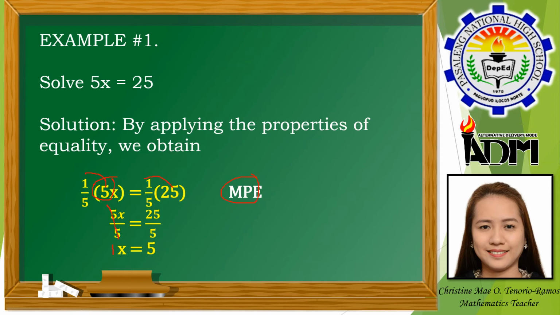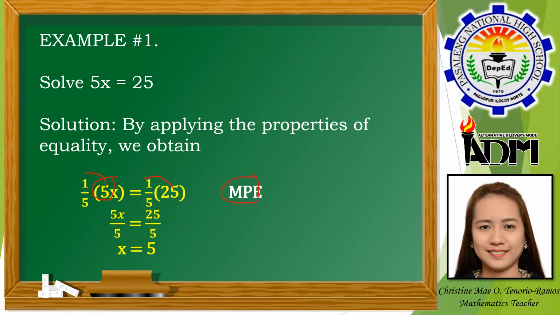And then, x. So, bakit x lang ang sinulat? Hindi na kasi kailangan na isulat pa yung 1 sa x. Considered as 1 na yung coefficient kapag may variable na walang nakasulat na number sa tabi. And then 25 divided by 5 is equal to 5. So the solution of this equation is 5.